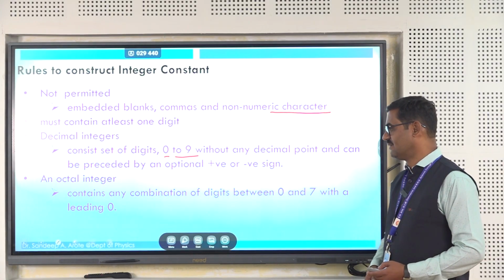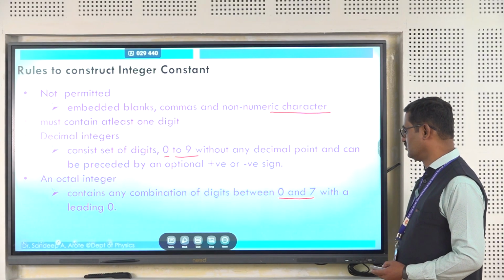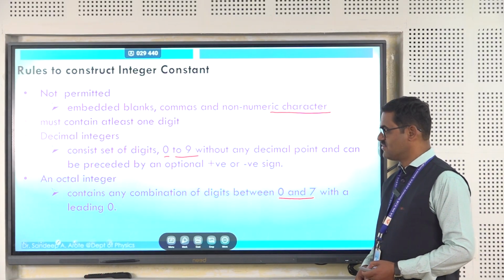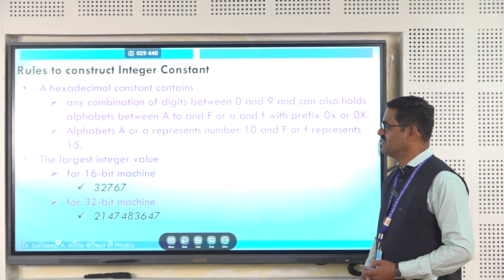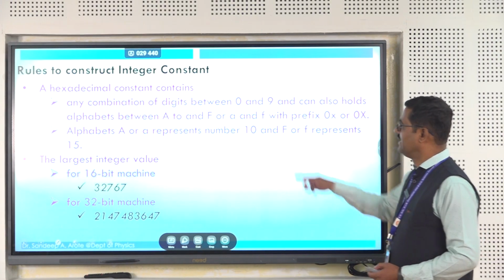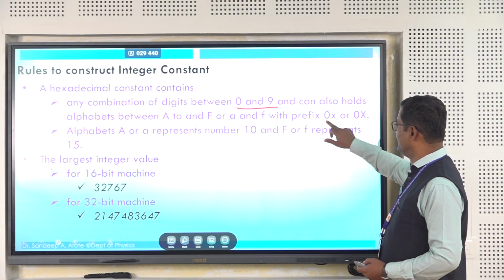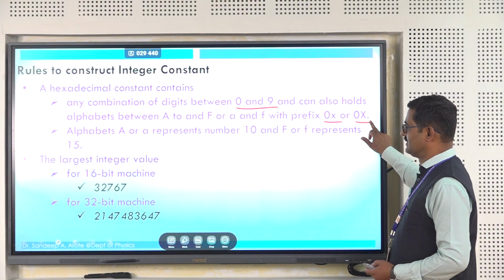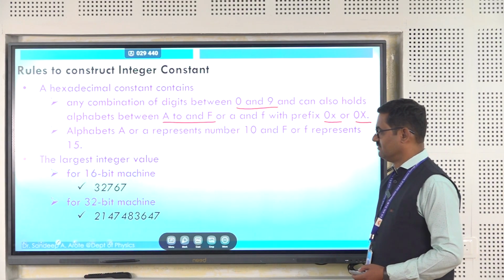Then an octal integer constant is any combination of digits from 0 to 7 with leading 0, and hexadecimal integer constants contain any combination of digits from 0 to 9 with leading 0x or 0X, but here you can also use characters from A to F.